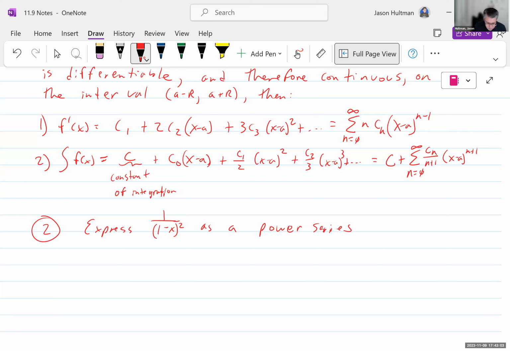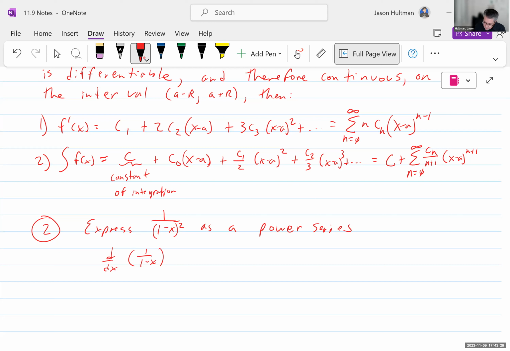And I'm going to use the fact that what I have here is the derivative of 1 over 1 minus x. Is that true?